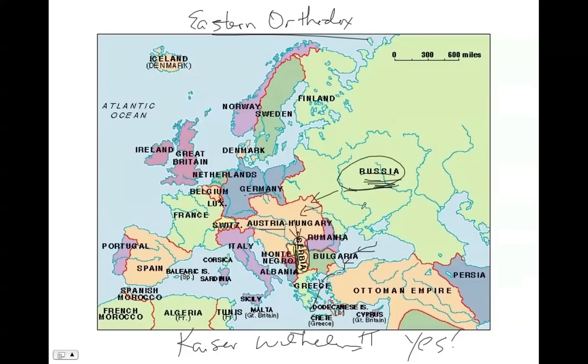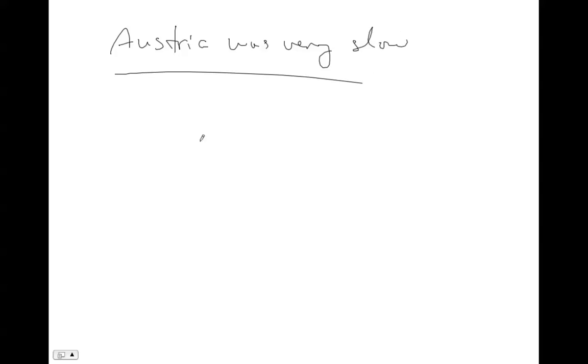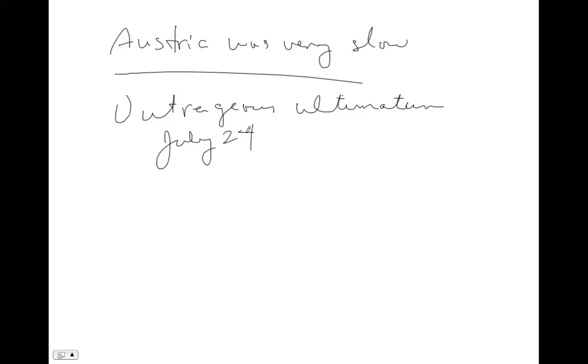The thing is that Austria was very slow. And they gave Serbia this crazy, outrageous ultimatum on July 24th, almost a month after the assassination, which basically said, look, give up your independence, become part of the Austrian-Hungarian Empire, or we're going to invade.